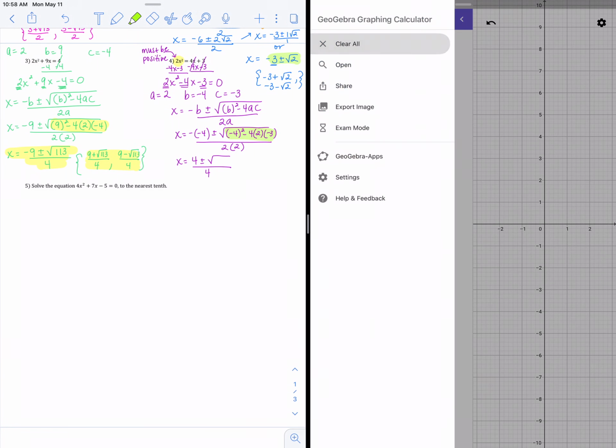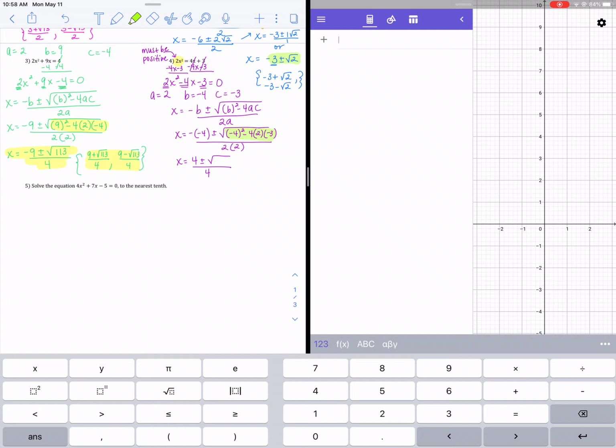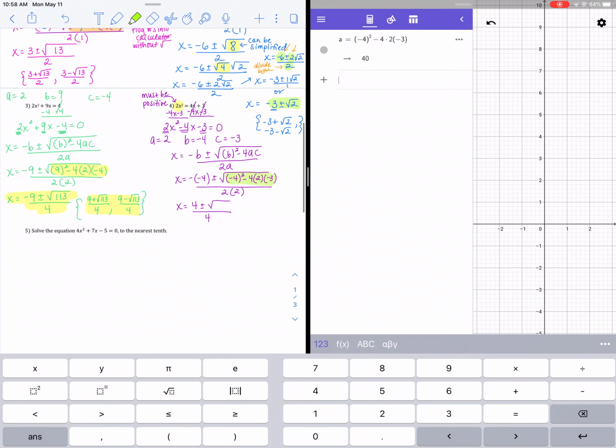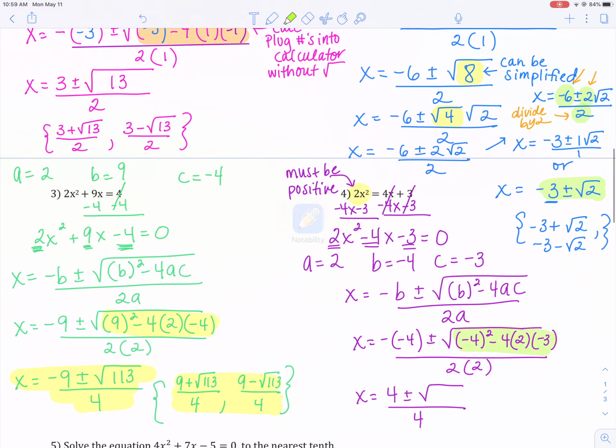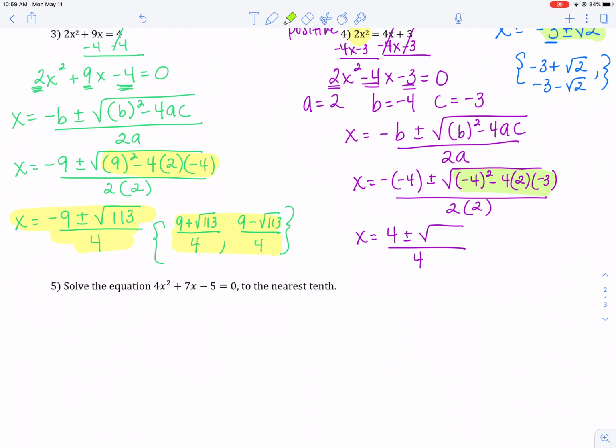Okay, so I'm going to clear out what I had here. No radical, I type negative 4 squared minus 4 times 2 times negative 3. Again, it shouldn't be negative, which it isn't. It's a positive 40. Okay, so my number under my radical is a 40.